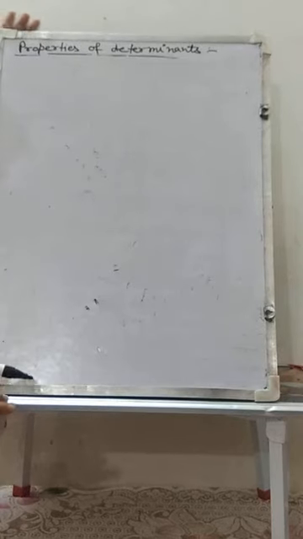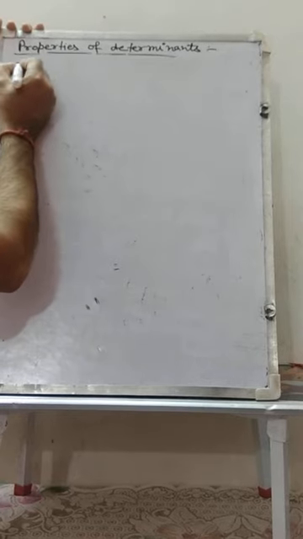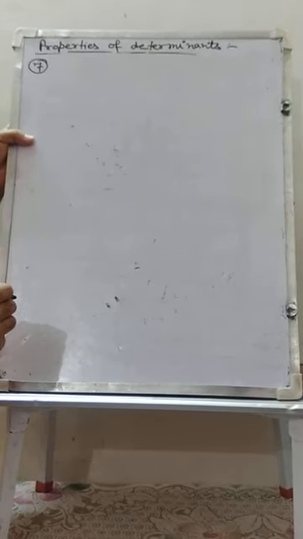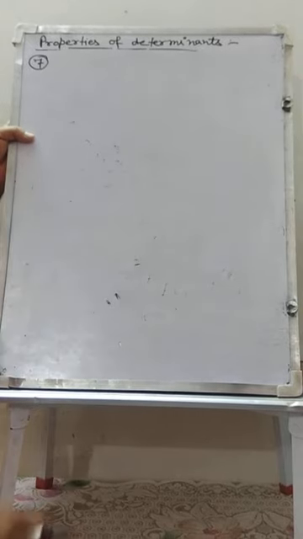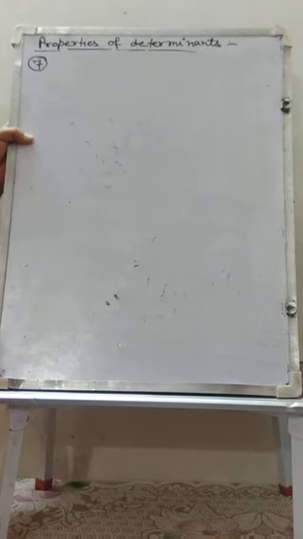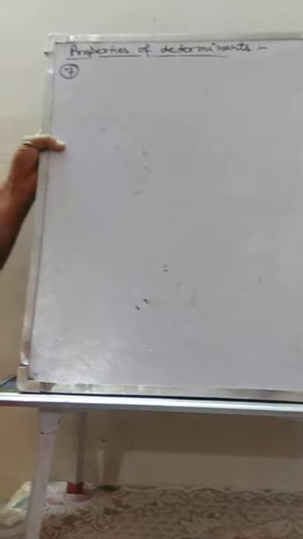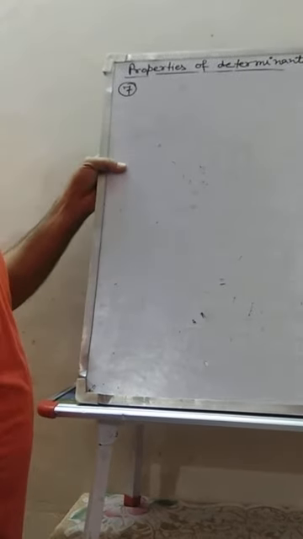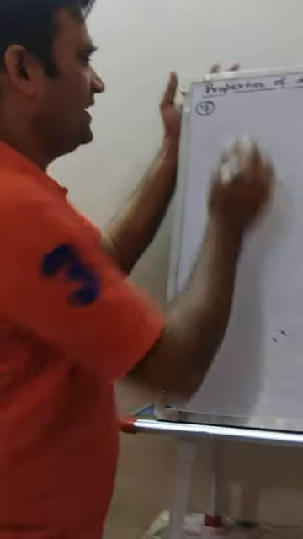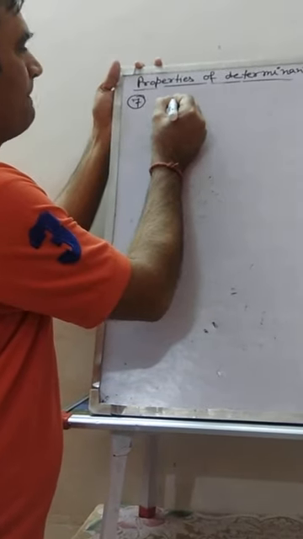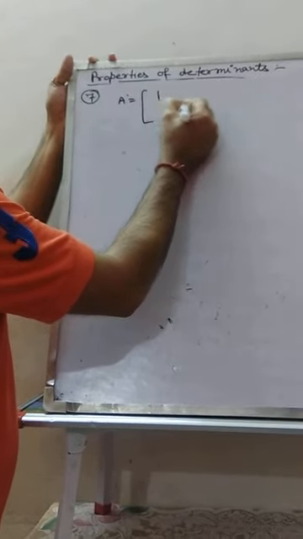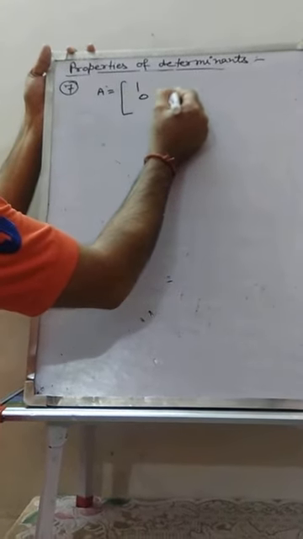So let us understand property number 7. This property says that if we are finding the value of any determinant that is formed by any diagonal matrix, so its elements will be like this, 1, 2, 3, remaining elements will be 0.